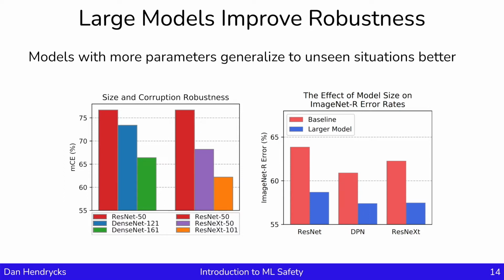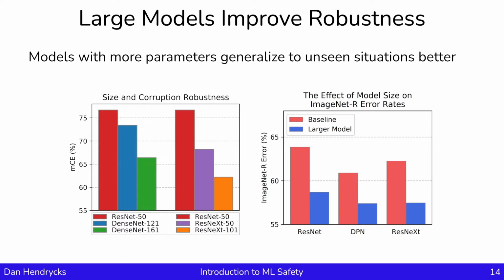Likewise, on ImageNet-R at the right, we can see that the larger version of the model has a lower error. So even though the clean accuracy of the ResNeXt differs between the baseline model and the larger model by less than 1%, the ImageNet-R error differs by a substantially larger percent between the two models. So there are outsized returns to having larger models.